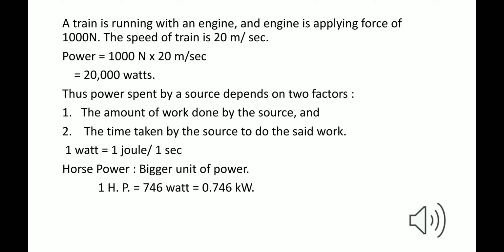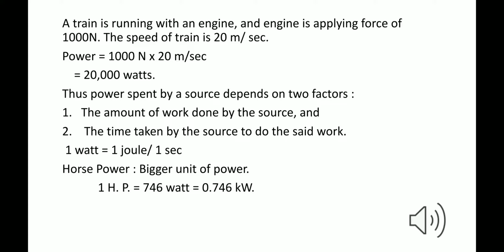Okay. Now, there are some units for power. The first one, which I am speaking about for a long time here, 1 watt is equal to 1 joule per second. Now work is in joules, time is in seconds. So 1 joule upon 1 second is 1 watt. Okay, and this is the unit of power.